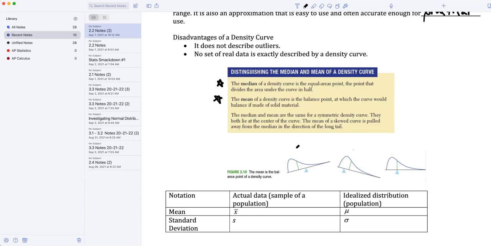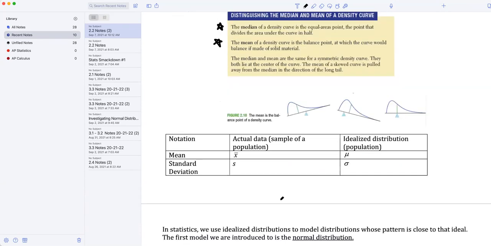So we have here a little bit about notation. Okay, you've already seen this notation. We have X bar, which is the mean, and we have S, which is the standard deviation. This is data that comes from the sample within a population. Okay, so we have here a Greek letter. Anybody know this?